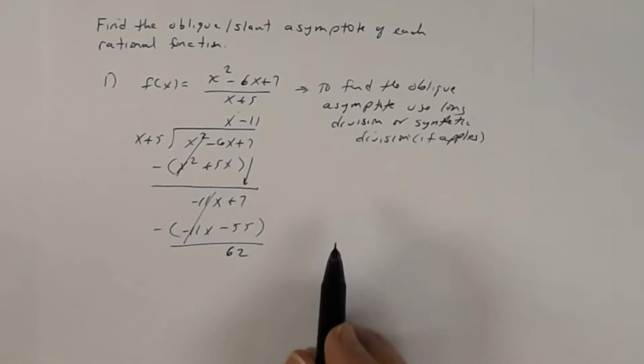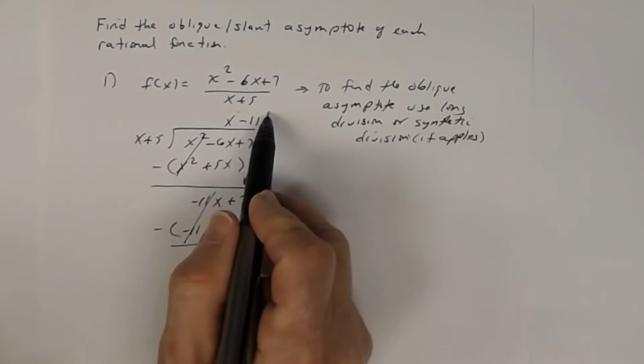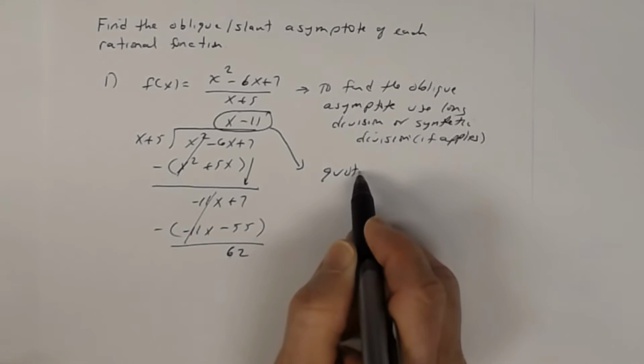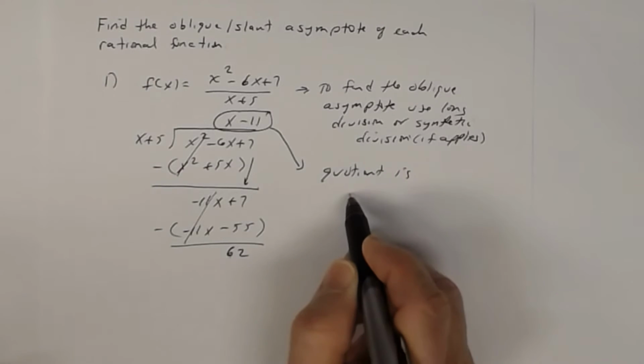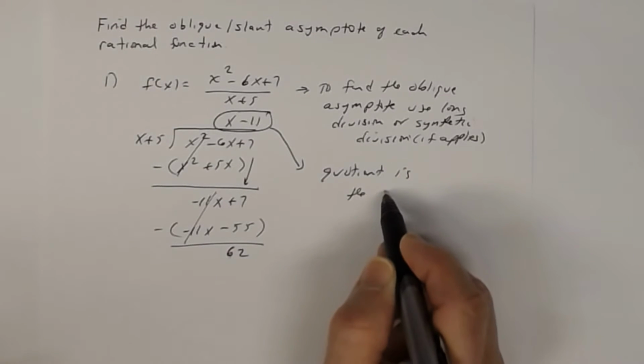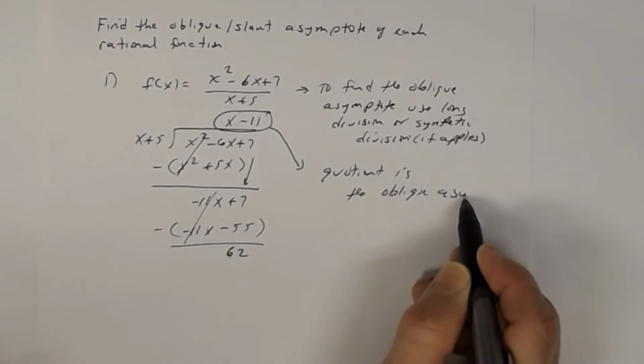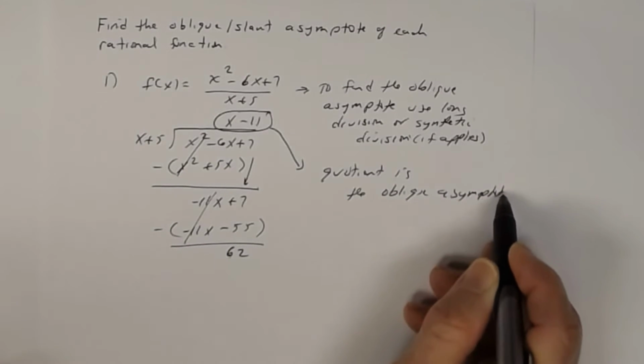All right. Now, you see this quotient right here? This quotient is the oblique asymptote. But you have to write it in this way.